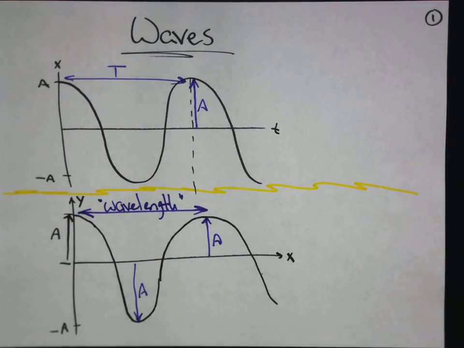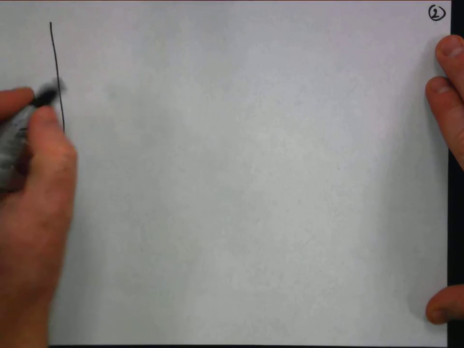Awesome. And there's a whole bunch of other stuff, some terminology that we need to get to regarding waves. So let's take a look at that. Let me bring back a diagram we can look at.